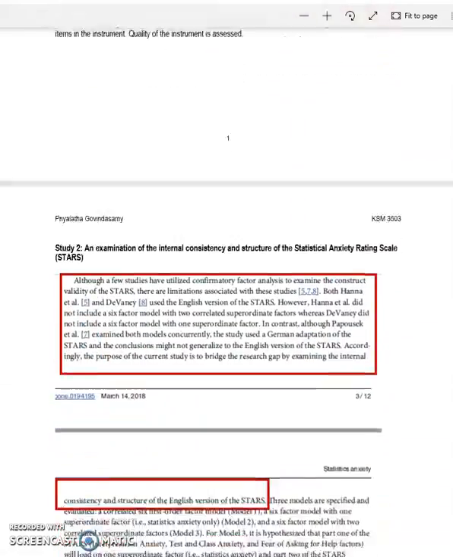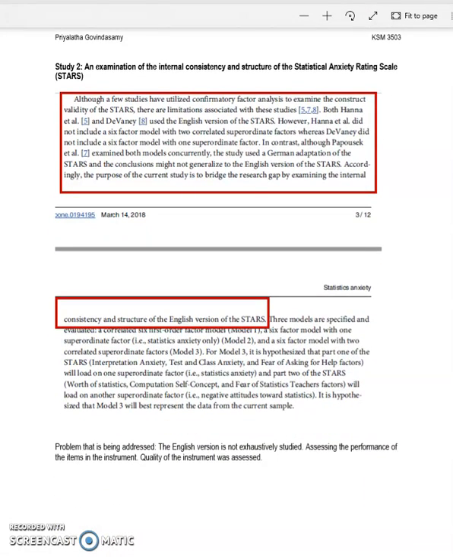The next is the problem from study 2. In study 2, they were examining the internal consistency and structure of the statistical anxiety rating scale.